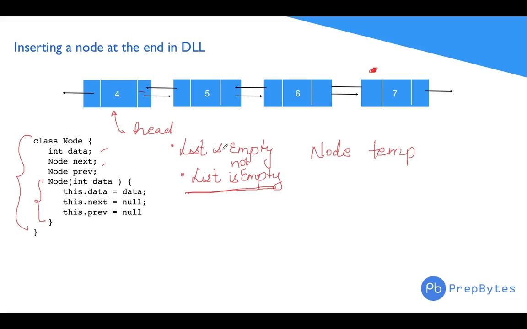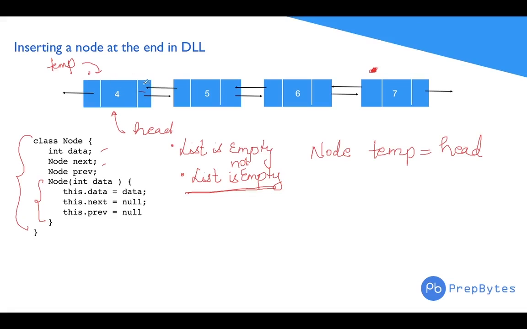Initially temp will start pointing to the first element, and for that we do Node temp = head. Whomsoever head is pointing to, temp will start pointing to the same node. So initially both temp and head will be pointing to the first node.